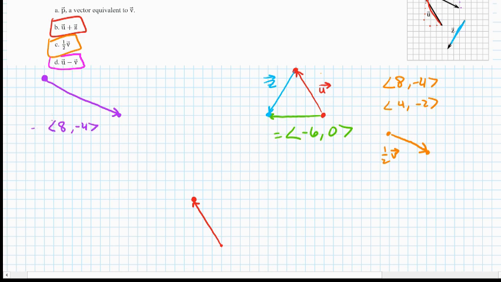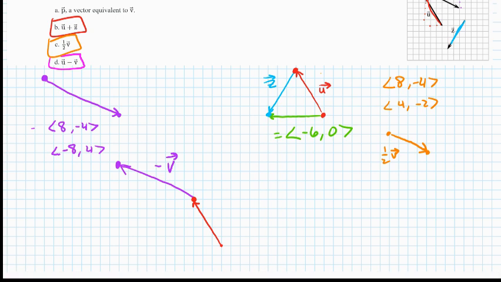And then subtracting vector v, again, going back to up here, vector v was 8, -4. So when we subtract that, it's just like distributing a negative in there. So instead of 8 to the right, it's going to go 8 to the left. Instead of 4 down, it's going to go 4 up. So when I do this, I go 1, 2, 3, 4, 1, 2, 3, 4, 5, 6, 7, 8. And there's my vector, which we're going to call negative vector v.